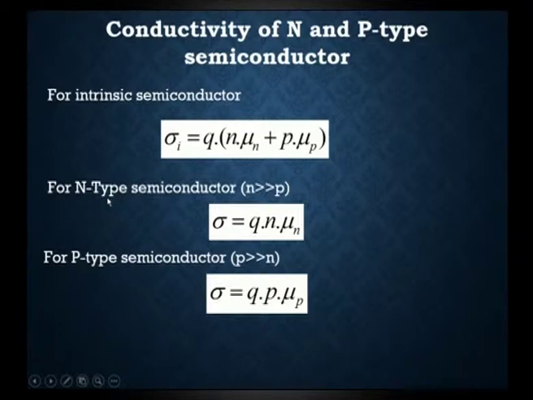For N type, where the number of electrons is much greater, we neglect the hole term, and the remaining part gives the N type semiconductor conductivity expression. Similarly, we neglect the electron part for a P type, and the remaining part gives the P type semiconductor conductivity, where the holes are much greater than electrons.